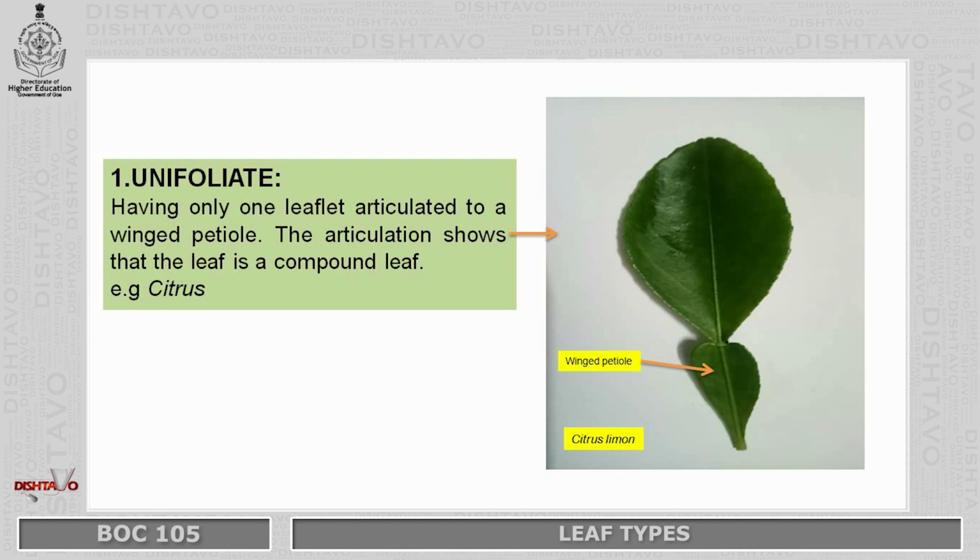This we see in oranges, and the example cited is Citrus lemon. The very fact that this leaf is articulated to the winged petiole shows that it is a compound leaf. So unifoliate means single folia, and it is a compound leaf since it is articulated, and we see this in Citrus lemon.